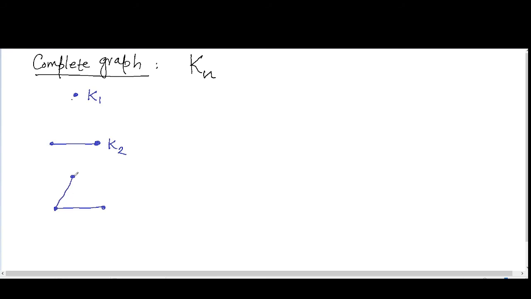That means each pair of vertices is connected by edges. This is our K3. Now we can draw K4. That means we want to draw 4 vertices, and each pair of vertices is connected by edges. So this is our K4.